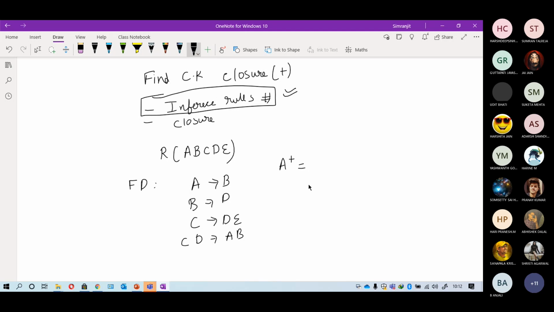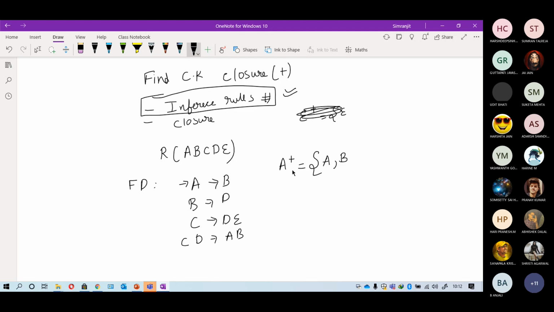First of all, the first rule to find the closure is to write the element itself. If you're finding the closure of A, write the element itself first. If finding the closure of E, you write E first. So I'm writing A. Now check the left hand side, is there any A here? Yes, there is an A here. What is it deriving? It is deriving B, so you write B here.